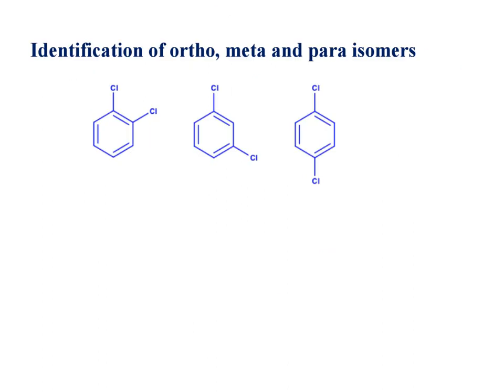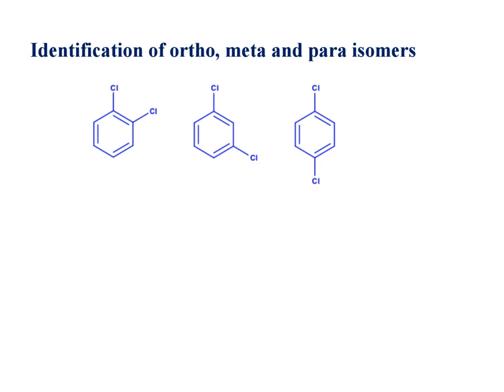And by taking dipole moment data, we can identify isomers, such as substituted isomers in the benzene case. Benzene is a symmetrical molecule, with dipole moment 0. Substituted benzene may have a dipole moment. Here I am taking dichlorobenzene, which has 3 isomers.